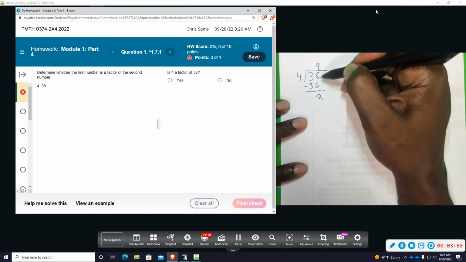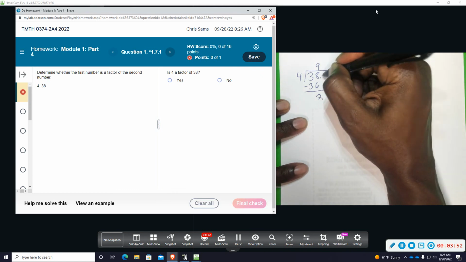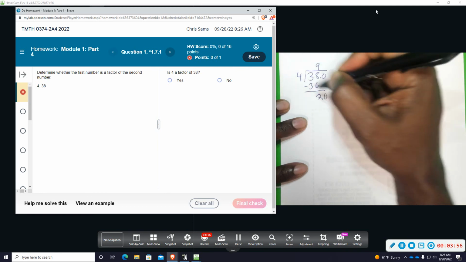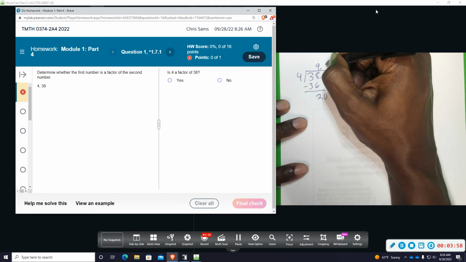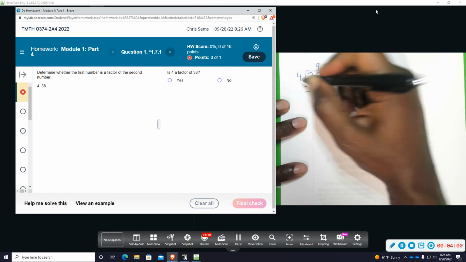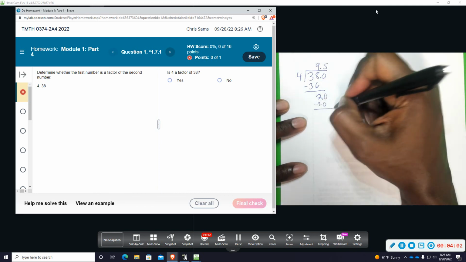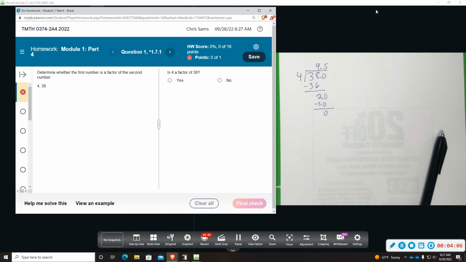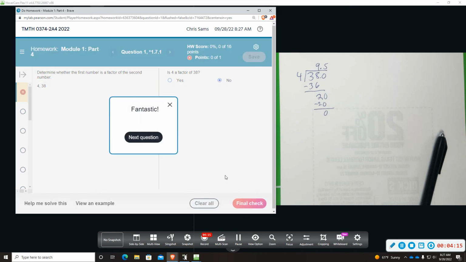And then we don't have anything else, so bring down a 0. Then how many times will 4 go into 20? Well, that'll be 5. So 5 times 4 is 20, and then you subtract, and we get 0. So that's how you're getting 9.5. So 4 is not a factor because it's not a whole number up here. It needs to be a whole number, not a decimal.